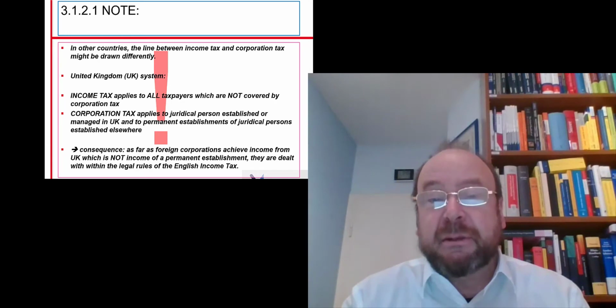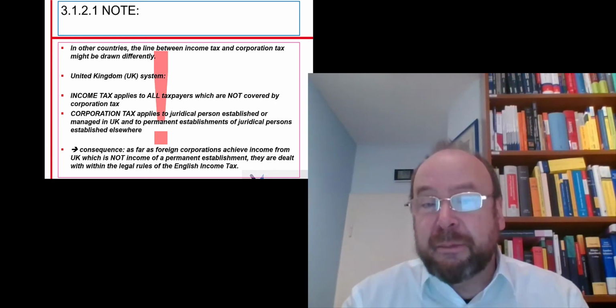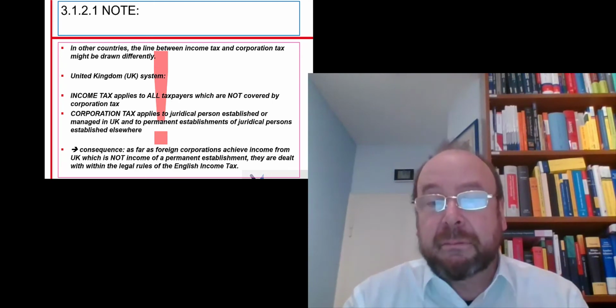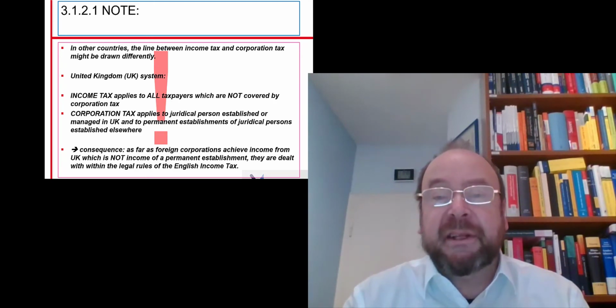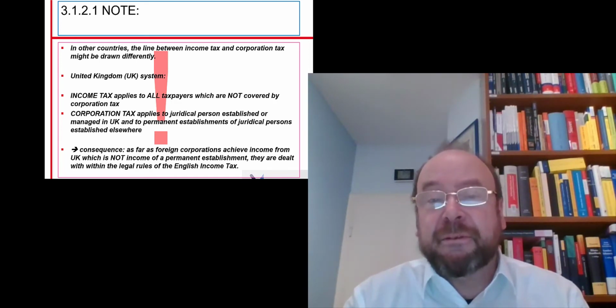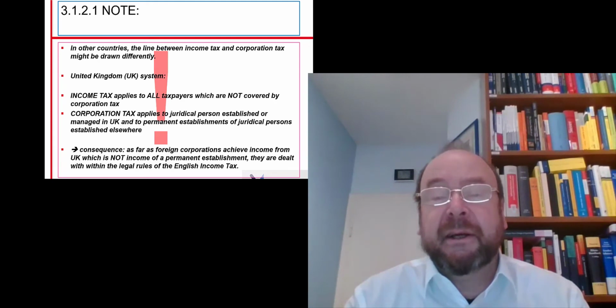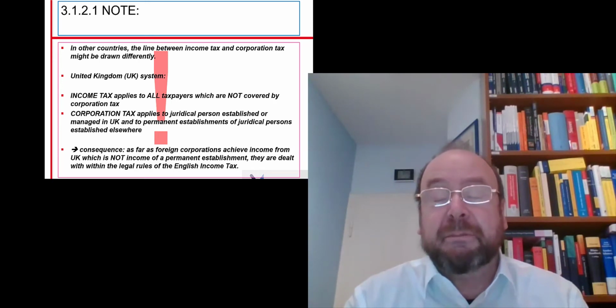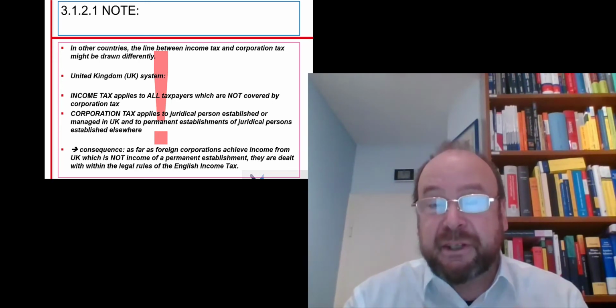If a juridical person, for example, from Germany obtains simply money from the UK, then that would not be covered under the corporation tax. But then the income tax law of the UK would again apply, because corporation tax for them is the special rule, and special rules apply in the special cases.